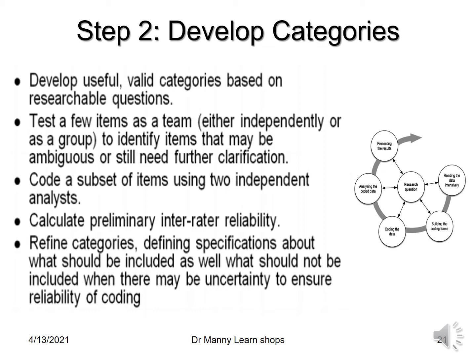You refine categories, you define specifications about what should be included as well as what should not be included. And when there's any uncertainty, you have to ensure reliability of the coding.